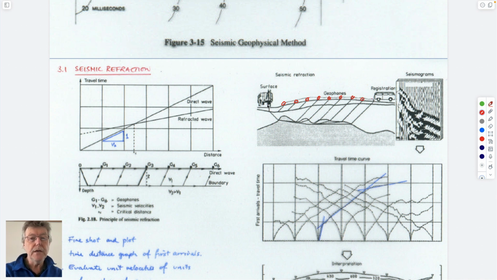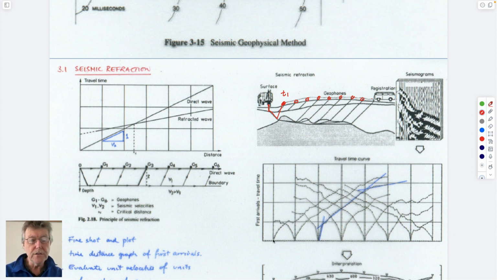So this might be a stick of dynamite buried in the ground that you set off. It has an acoustic wave that goes into the ground and is reflected. And so this geophone would record the travel time, which is relevant to the passage of this wave, and this would give you a travel time T1.